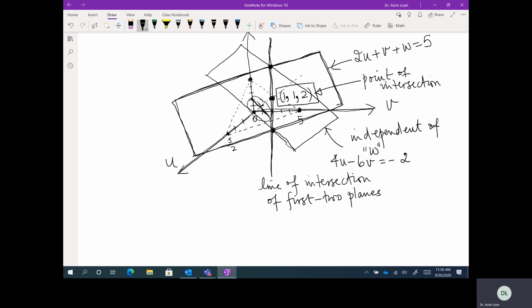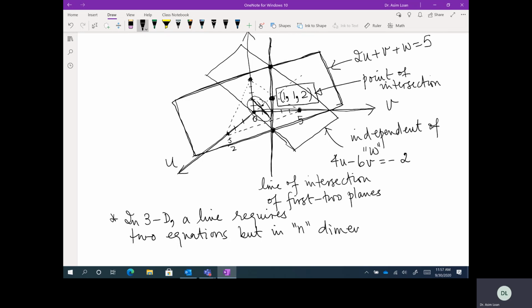In three dimensions, a line requires two equations, which we have just plotted. But in n dimensions, it requires n minus 1 equations.